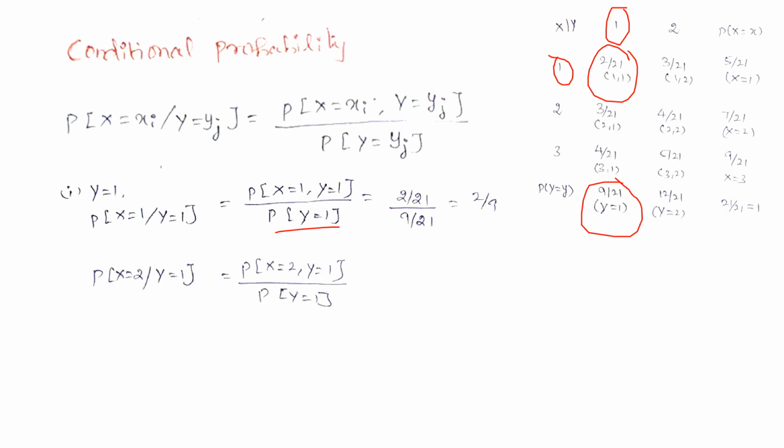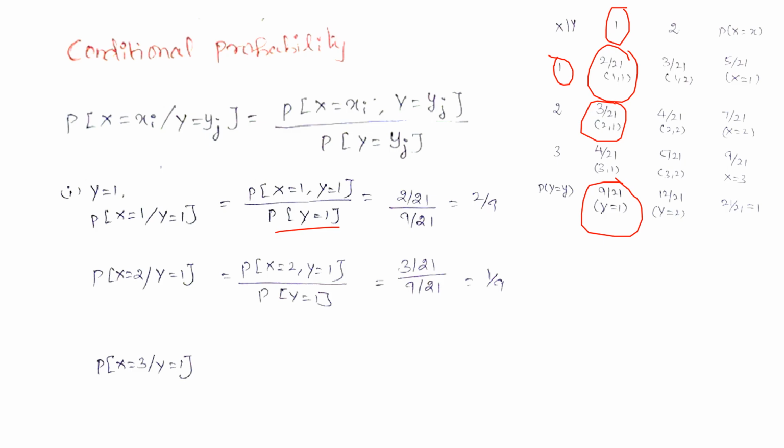By the table, the value for x equal to 2 and y equal to 1 is 3 by 21. Substitute this value, divided by the marginal distribution value of y, 9 by 21. Therefore 3 by 21 divided by 9 by 21 is equal to 1 by 9.